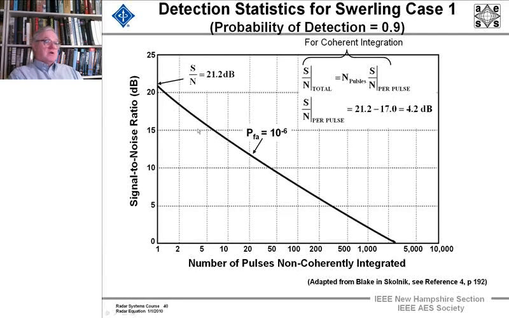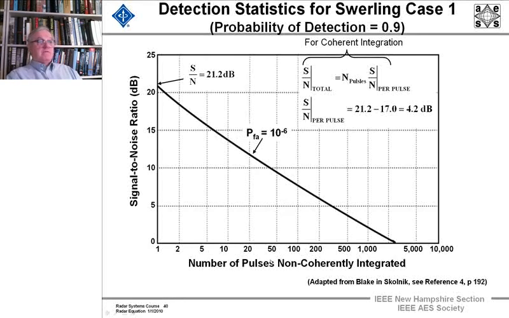Now here's the curve of signal-to-noise ratio versus number of pulses non-coherently integrated for a Swerling case 1 target and a probability of false alarm of 10 to the minus 6. If it was just one pulse and all 50 pulses were integrated coherently, we'd have a signal-to-noise ratio of 21.2 dB in that one big pulse, not 50 pulses.